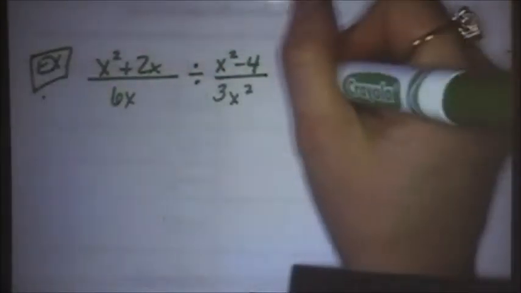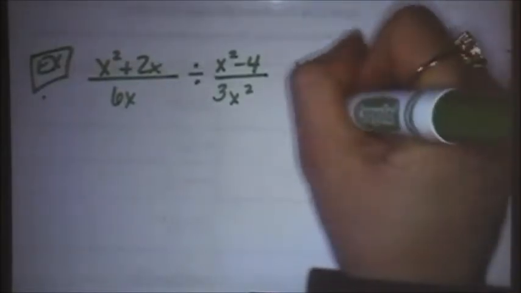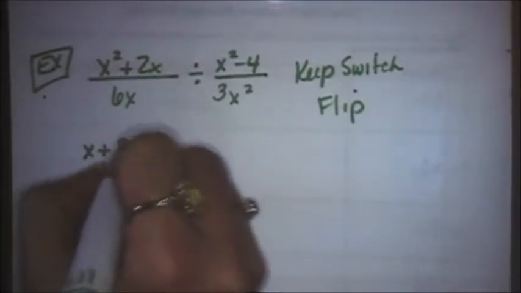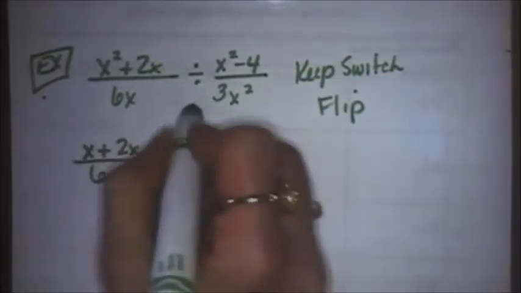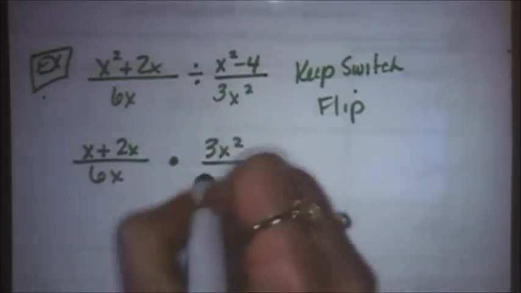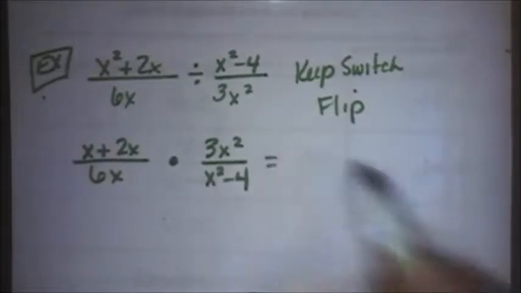Now, I can keep, switch, flip. Remember, that's how you divide fractions. So I'm going to keep this first fraction the same, switch the sign to multiplication, and flip the second fraction over. And now it's just a multiplication problem like we were just doing.